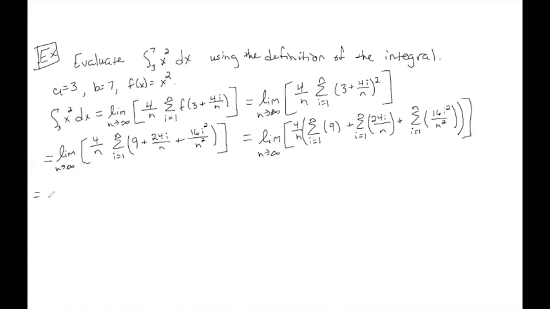What's next? Let's apply linearity again. And in this instance, we're pulling constants out. So I have big parentheses, 9 times the sum i equals 1 to n of 1 plus 24 over n, those are all the things that don't have anything to do with i, times the sum of i, plus 16 over n squared times the sum of i squared on the inside.